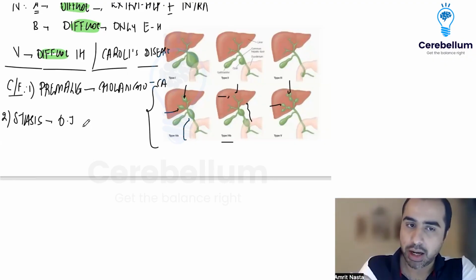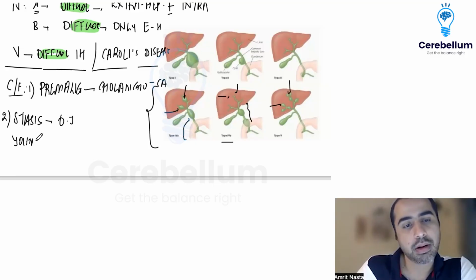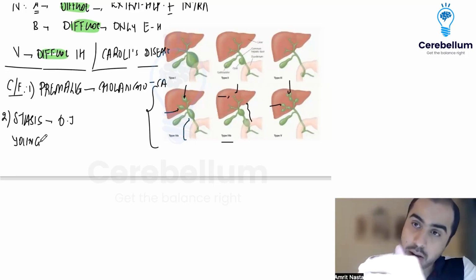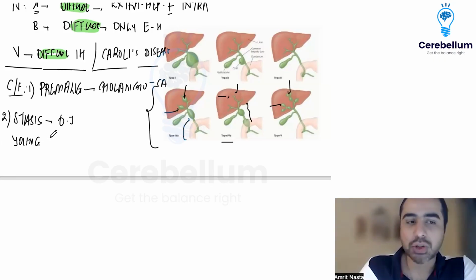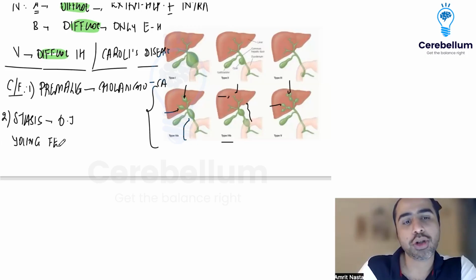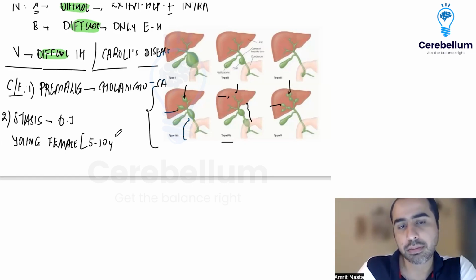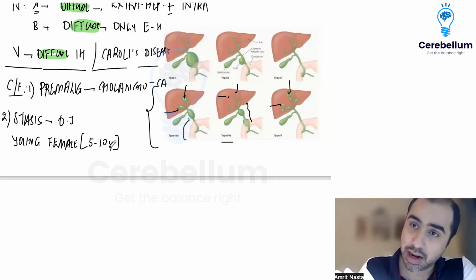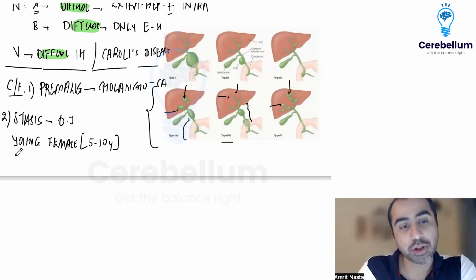So typically, this disease is seen in a young female. Young, not like you. Young means someone who is 7-8 years old. Usually patients reach the pediatrician at 5 to 10 years of age. So these patients land up with the pediatrician. They come with jaundice.